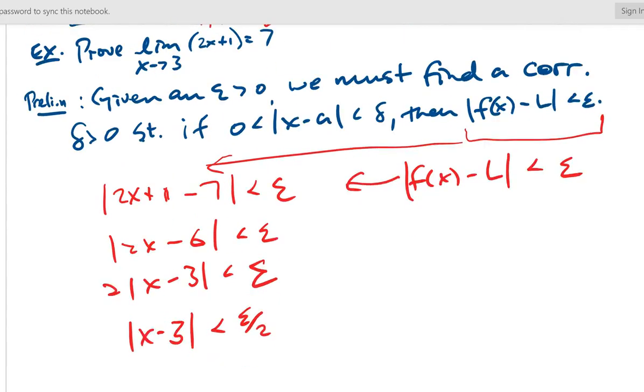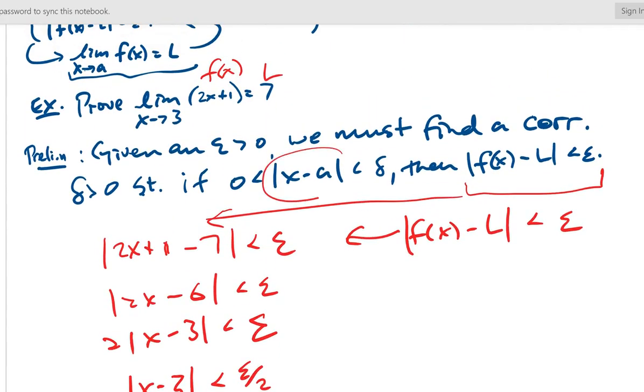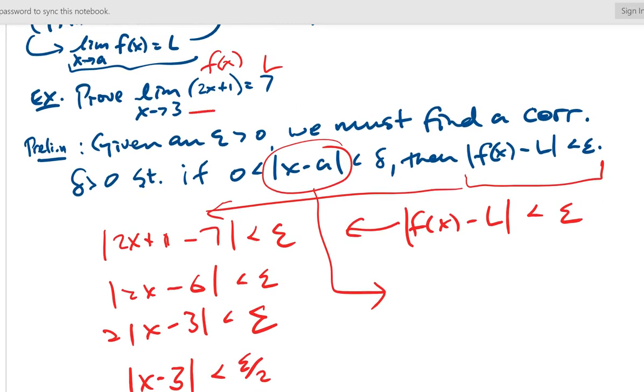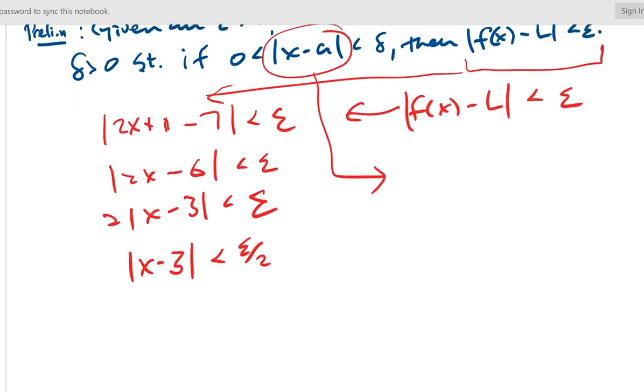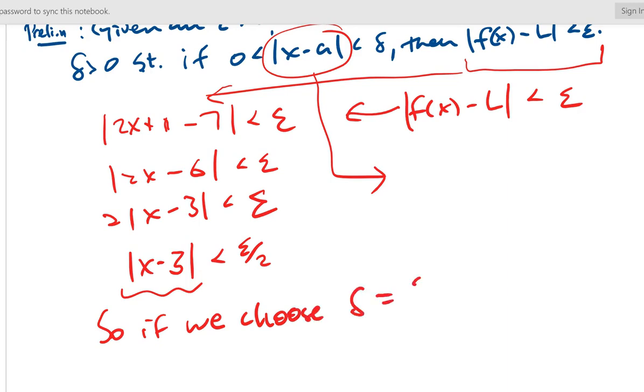Now, this x minus 3 is this piece right here, because a in this case is 3. This is a. So we have already that the absolute value of x minus 3 is less than epsilon over 2. So if we choose delta to equal epsilon over 2, then we're done.